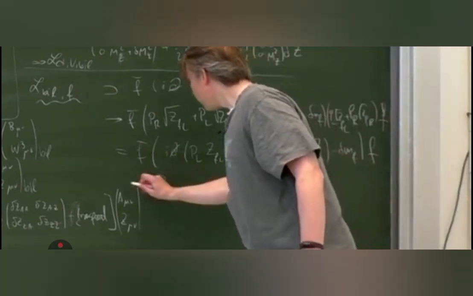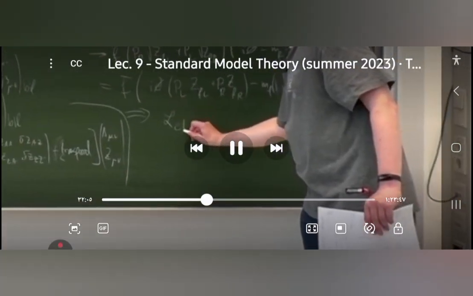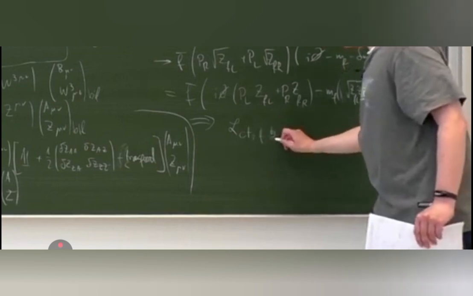So then, from this, let's make explicit the counter term Lagrangian for the bilinear parts of the fermions.